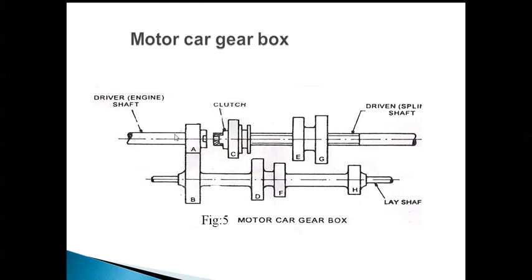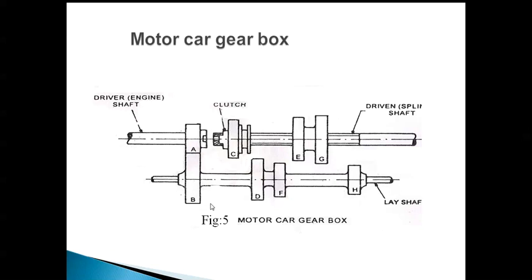Gear A is keyed to the driver shaft, which is always in contact with gear B, which is keyed to the lay shaft. So both the shafts are always in contact with each other. The speed from the driver is always transmitted to the lay shaft continuously without any disturbance.